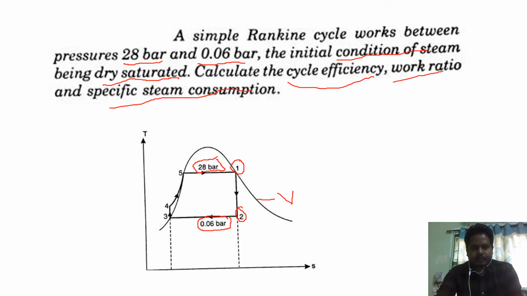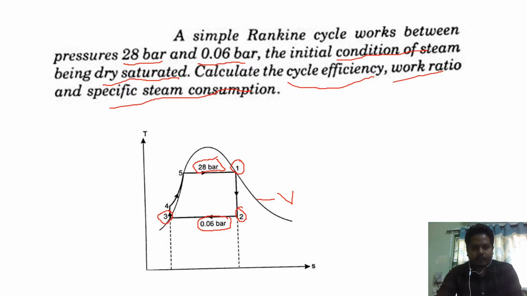As we know, there are four processes: isentropic expansion in 1 to 2, and heat rejection in 2 to 3.